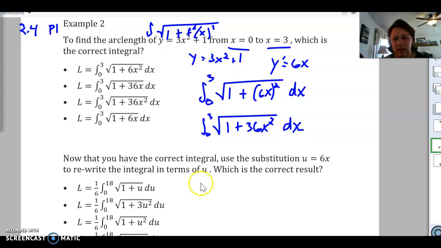Okay, and then in the homework here, they are asking you to do a u substitution. You can go ahead and do this. I'm going to go ahead and work through this as well. But if you watch the videos to this, they will show you the formulas to integrate that. But what I'm going to say is just go ahead and use your calculator. We're not going to memorize any formulas, and I don't need to give those to you for the test if you can use your calculator.